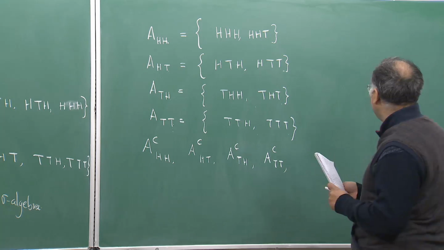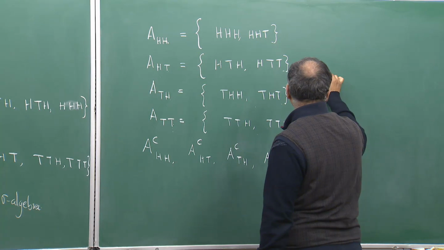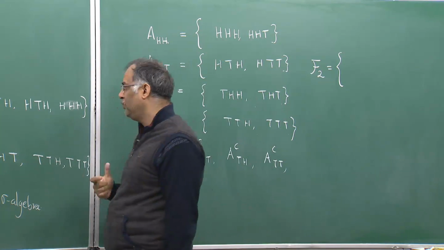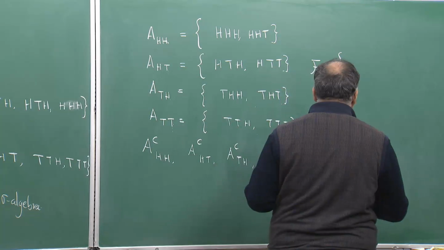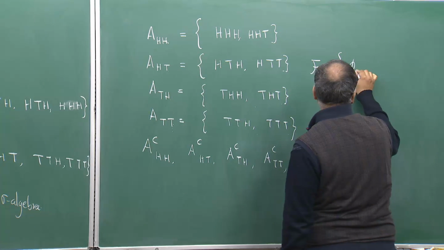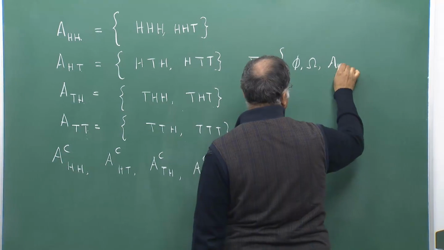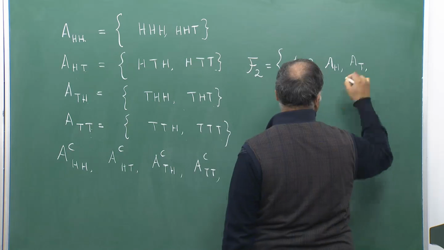So, essentially if I want to construct F2, you see how fast the cardinality of this set will grow. AH and AT will anyway be there, okay.